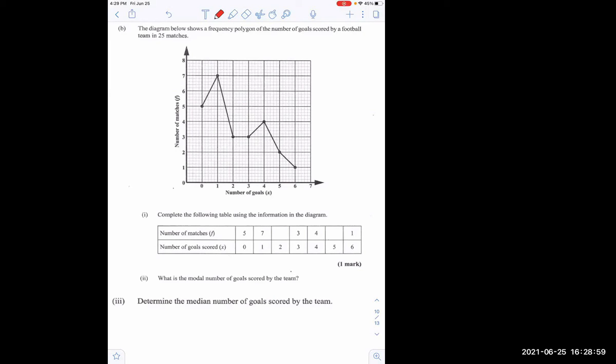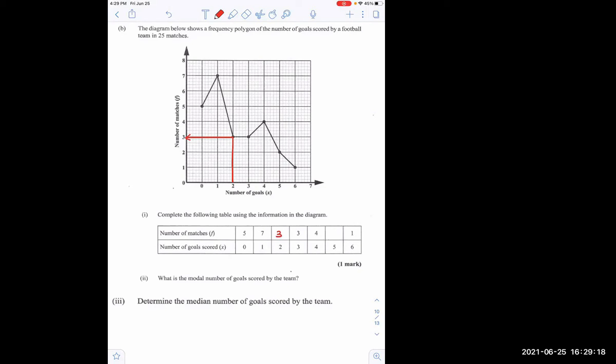For 2, here we have how many matches? 3.